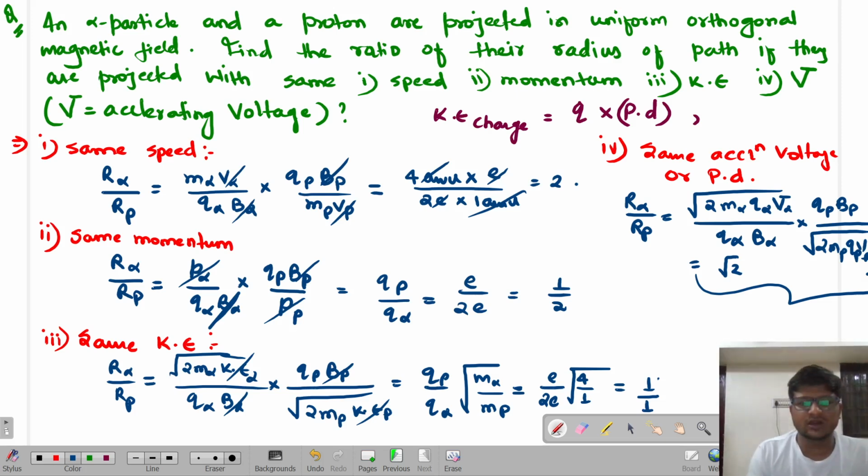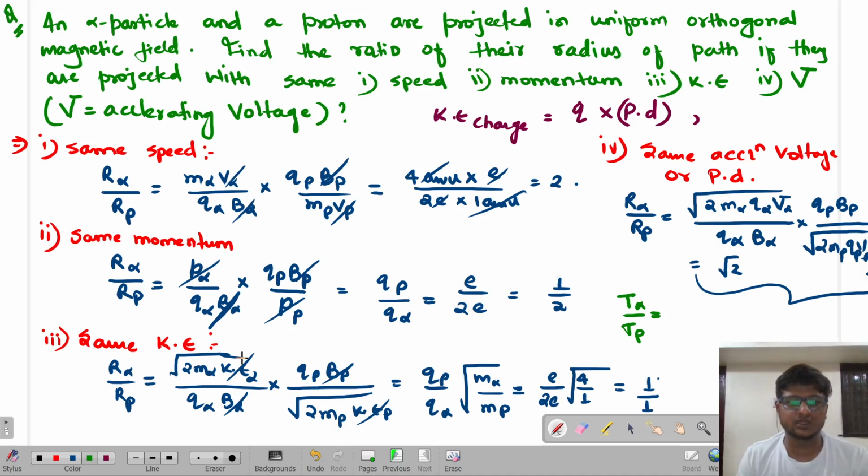Now, whatever you do, this is the radius. But as I told you, in all the cases, one thing is the same: the time period. Time period is independent of velocities. So if you look for all of these, it is just one time period equation. If I want to find time period of alpha by time period of proton, that just depends on their masses and charges. Got it or not?